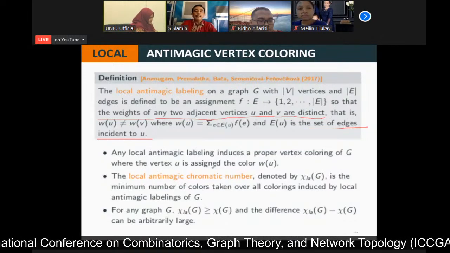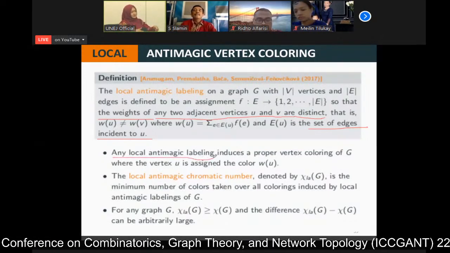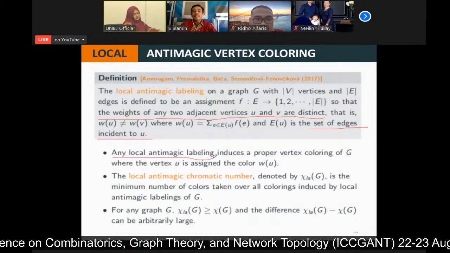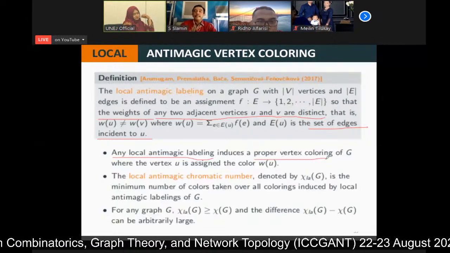It means that any local anti-magic labeling induces a proper vertex coloring.